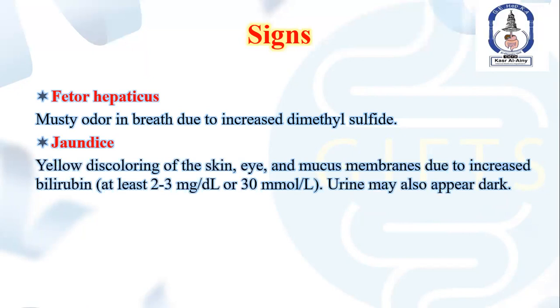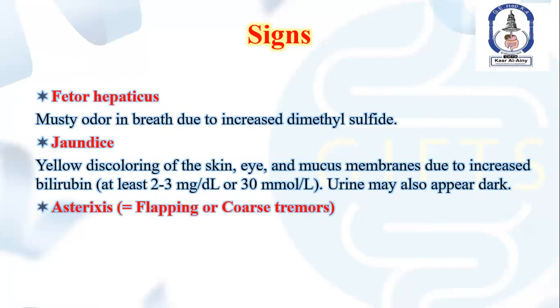Jaundice is the yellowish discoloration of the skin, eyes, and mucous membranes. It happens only when the bilirubin level increases to 2 or 3 milligrams. Of course, we know that the maximum normal bilirubin level is 1. So there is some range where there is hyperbilirubinemia and the jaundice does not show yet. Urine also might appear a little bit dark.